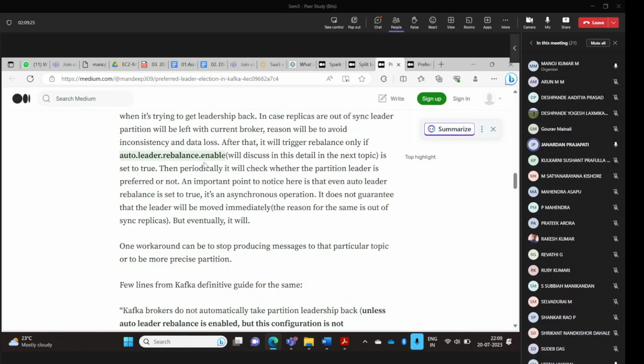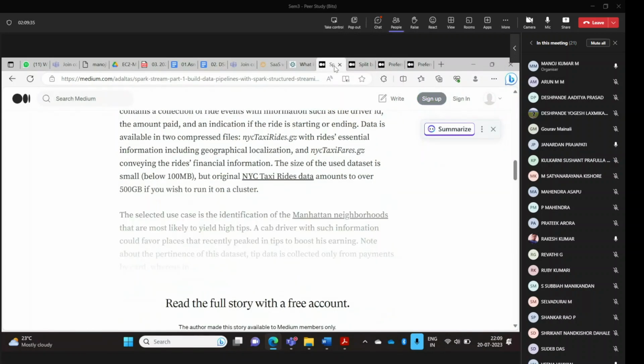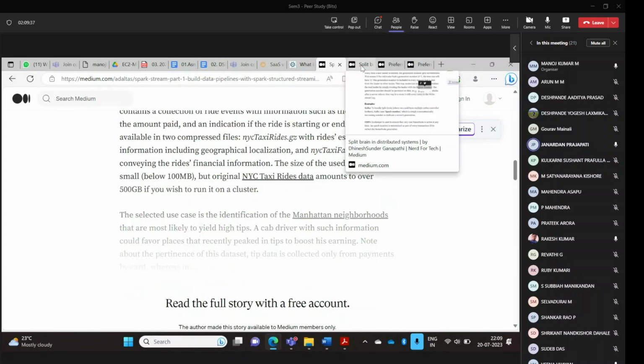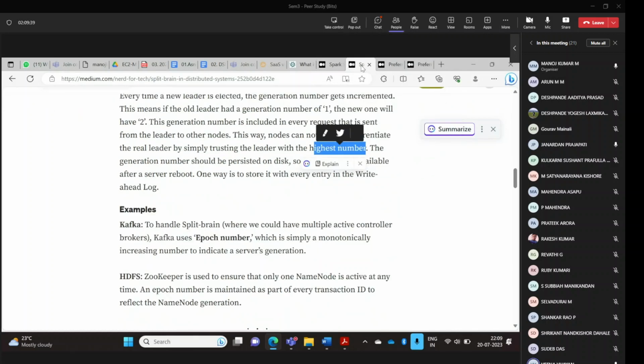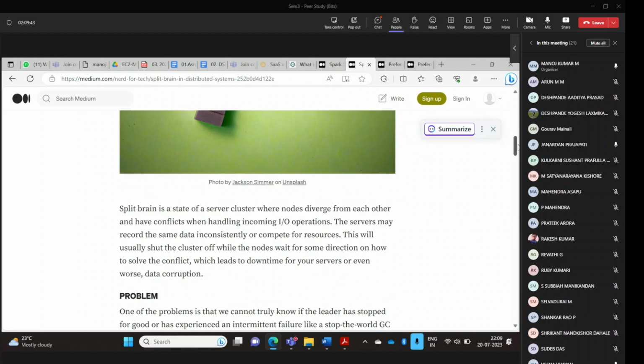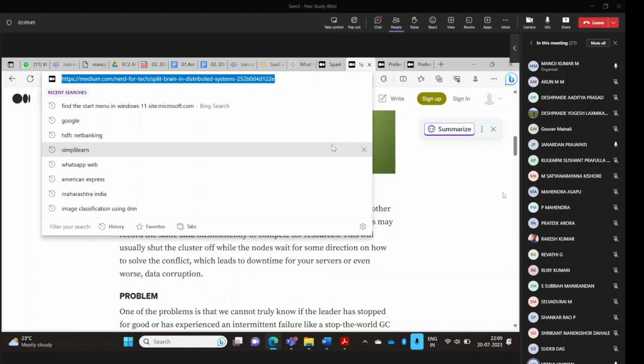Split brain link, there is a clear link. What's split brain and how to avoid it? I think that I have added in the chat. Okay. This one. You will convert this into PDF, right?